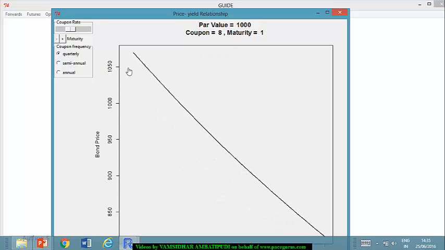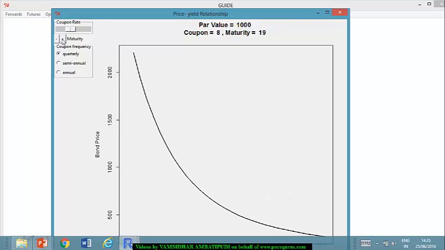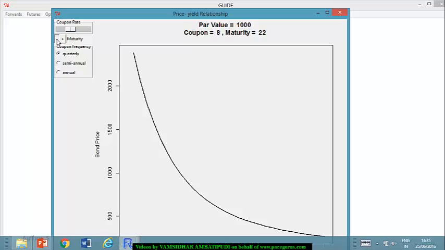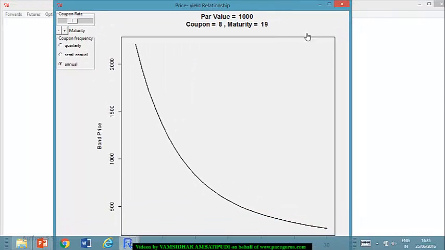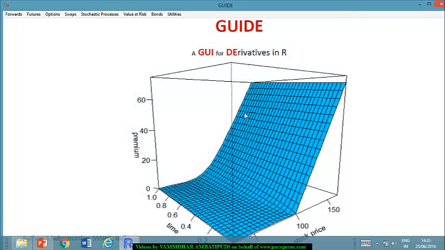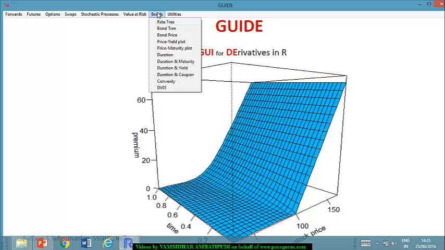If the maturity is 1, you are seeing more and more of a straight line, but as the maturity is increasing, the same thing is getting translated into a curve. And depending on the coupon frequency also, if it is becoming more semi-annual versus annual, you will find some small change occurring. So this is the kind of price yield relationship which we observe. We really need to understand the relationship existing between the price and yield.